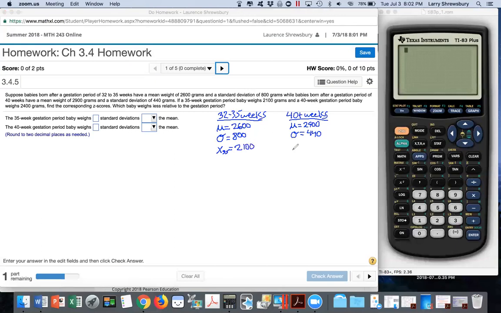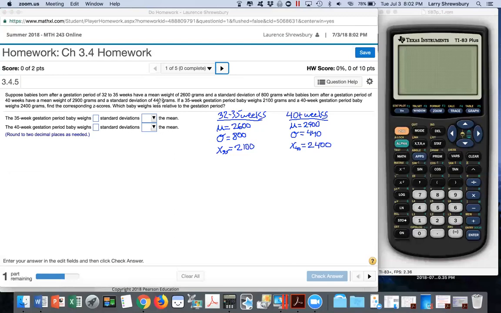And the 40-week gestation period baby, let's do that with an X subscript 40 to represent it, weighs 2,400 grams. Now find the corresponding z-scores. Once you do that, then we'll be able to easily answer this question.